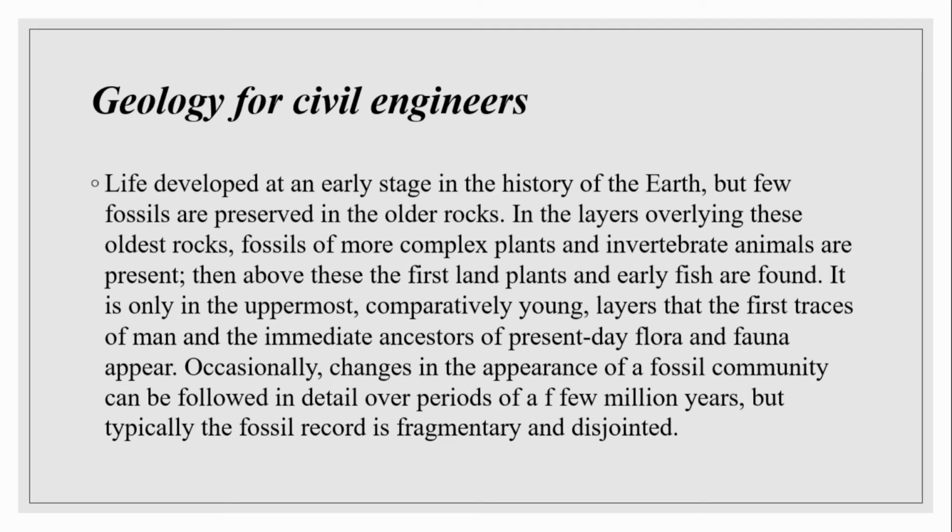One general feature, however, stands out clearly: life on Earth has changed persistently and gradually with time, becoming more specialized in its adaptations to different environments and more complex in the organization of individual animals and plants. These changes are described by the word evolution.